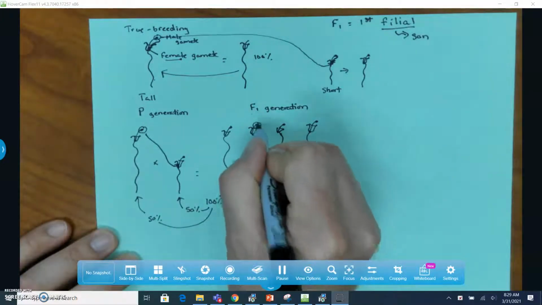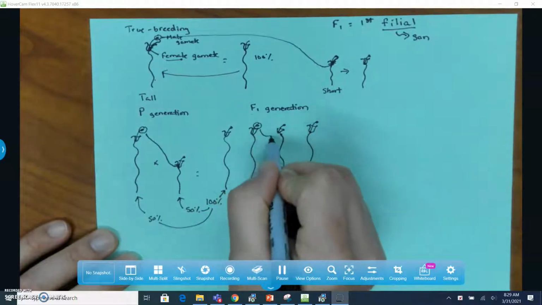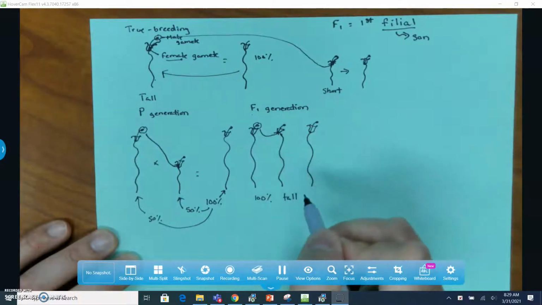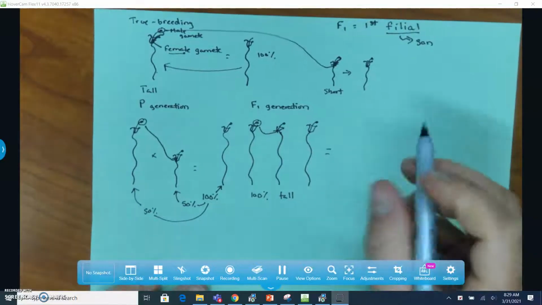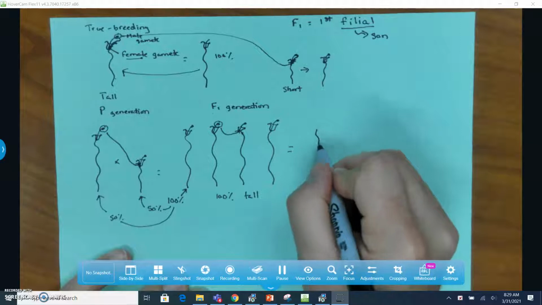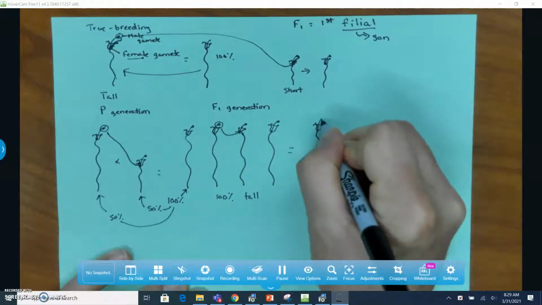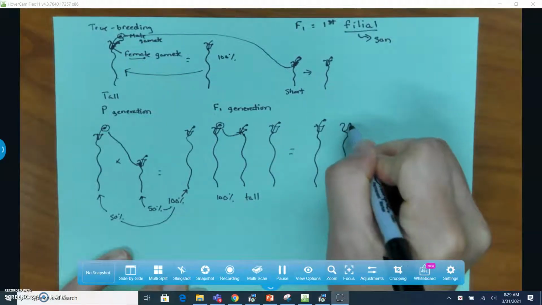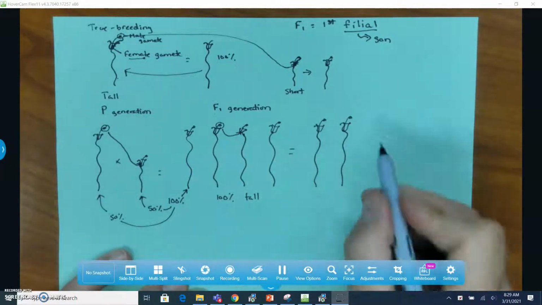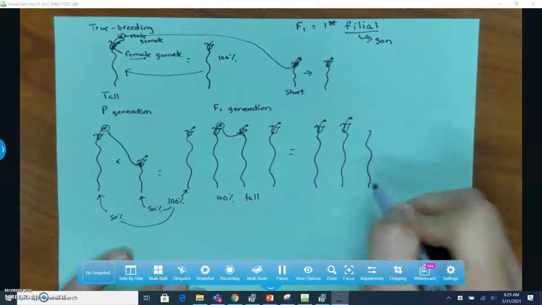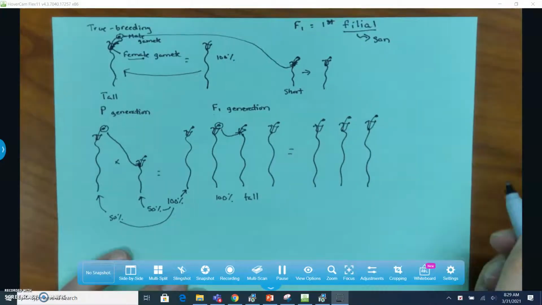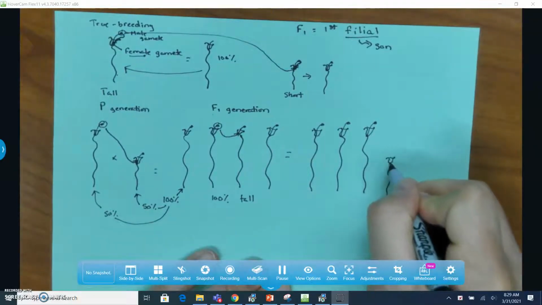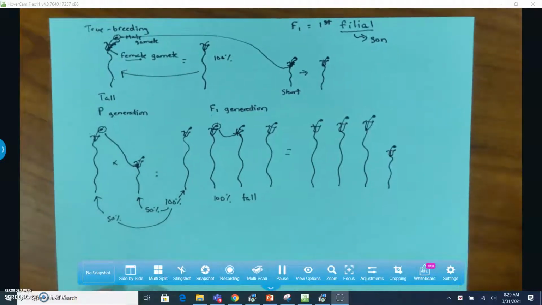So he took the pollen from one of the F1 plants, fertilized the female gametes of a second different F1 plant, and what he saw happen was this outcome. 25% tall, a second 25% tall, a third 25% tall, and 25% short.